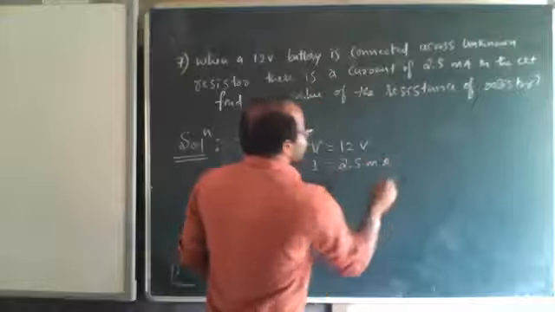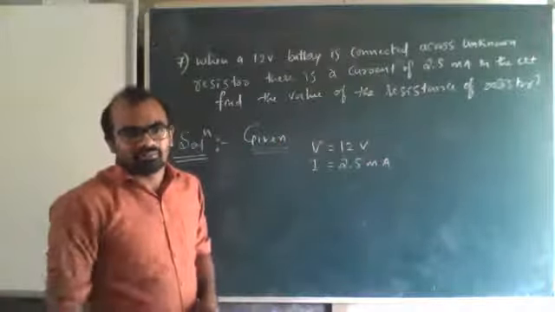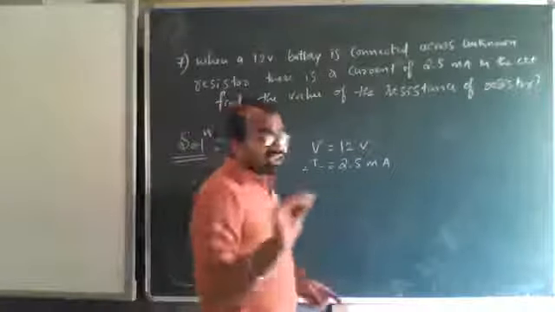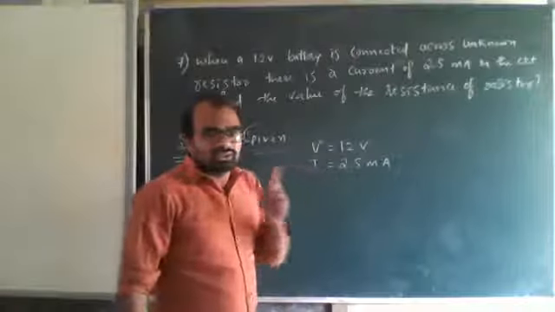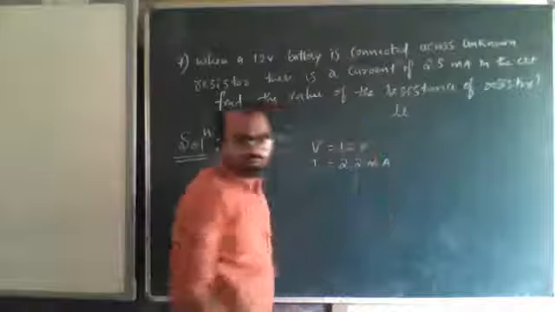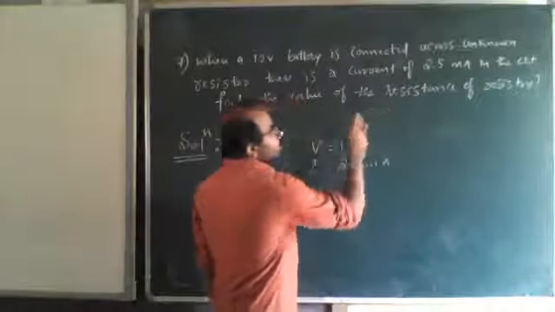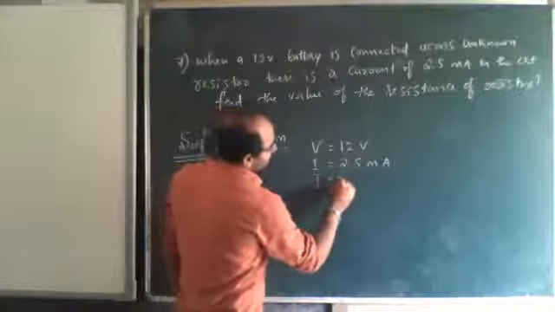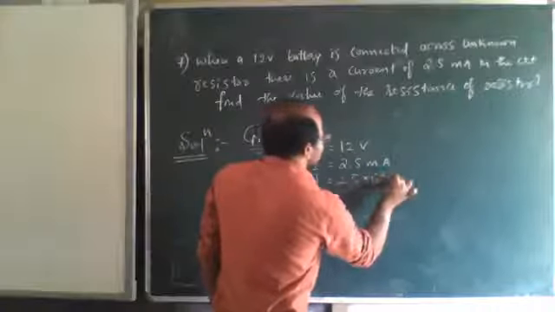Remember, milli equals 10 to the power minus 3, and micro means 10 to the power minus 6. The small m is milli, and micro is represented by mu. So I becomes 2.5 into 10 to the power minus 3 amperes.